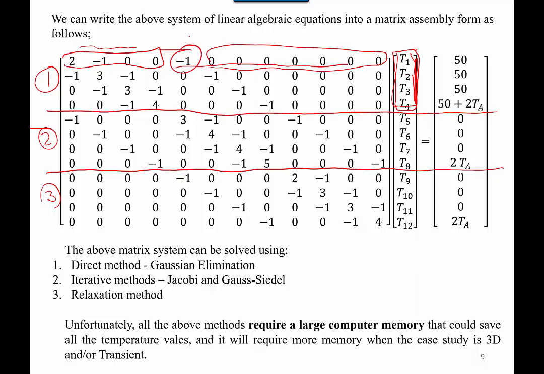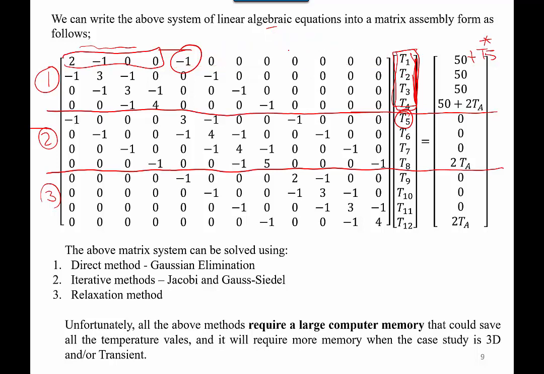Since it is the fifth element, it will be multiplied by T5, and it will be here minus T5, and it will be transferred to the right side, and it will be plus T5, and we will give a star symbol at the top of it, and this star symbol will be explained a few minutes later.